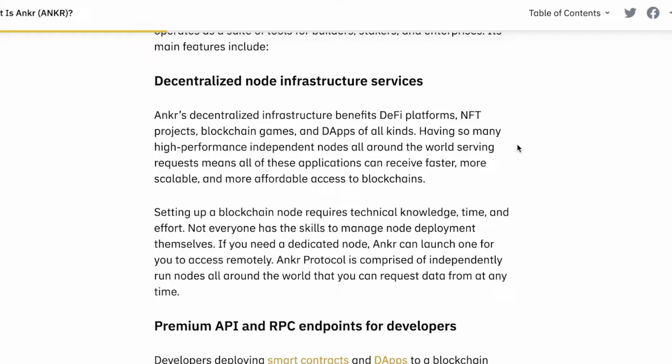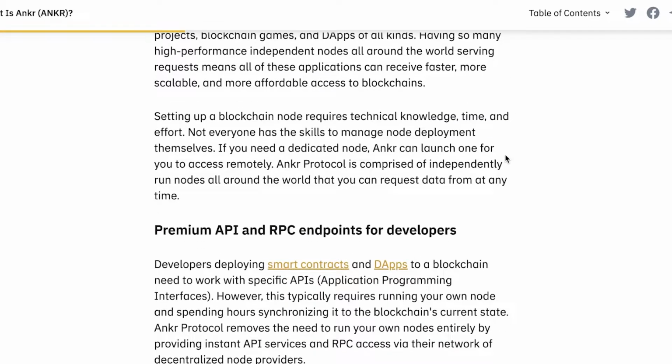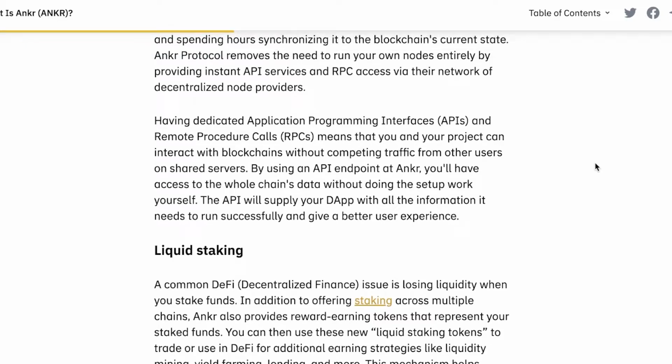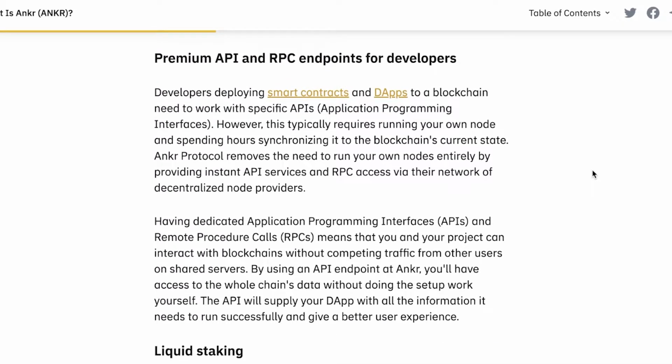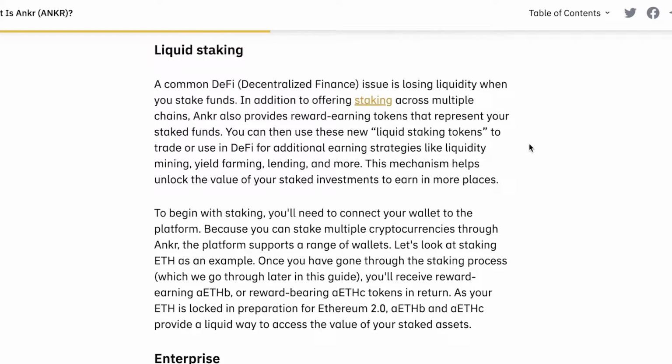And if you are a person that has set up a blockchain node, you can easily do that as well. If you need a node, you can also access a node that is present within your continent or anywhere else. And they also have premium API and RPC endpoints for developers.